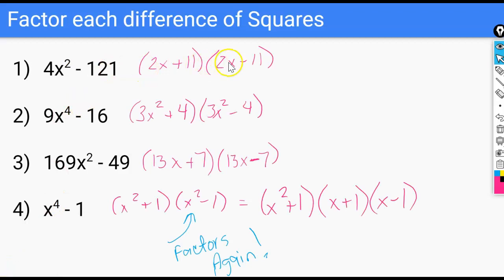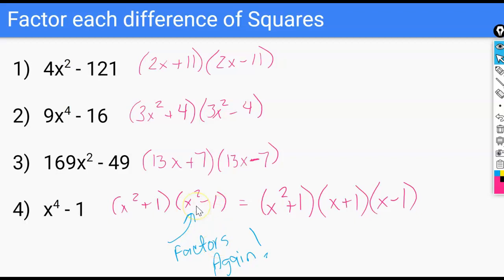So if you paused and you factored those out, again, you were looking for them to be perfect squares. All of these were perfect squares. We took the square roots and we made one a plus and one a minus. Now, when I got down here to number 4, I took the square roots and I made one a plus and one a minus, but what I ended up with was another difference of squares. This is a perfect square minus a perfect square.